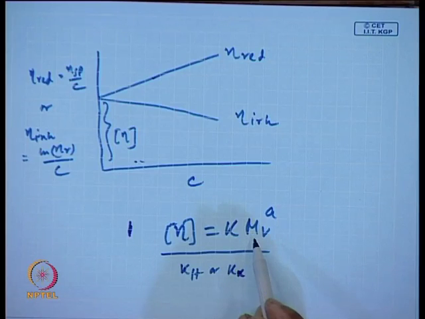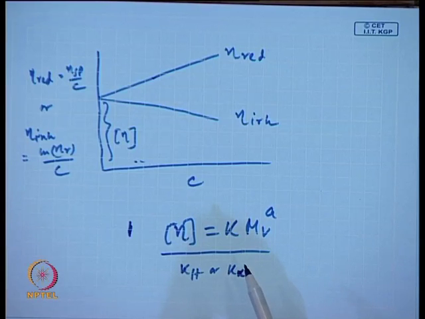Because it has to be a very narrowly dispersed polymer, you can take either Mn or Mw as equal to Mv. You find out the intrinsic viscosity for each polymer, and then by plotting log intrinsic viscosity versus log molecular weight, you can get the K and a values. From that you can get this Mv.